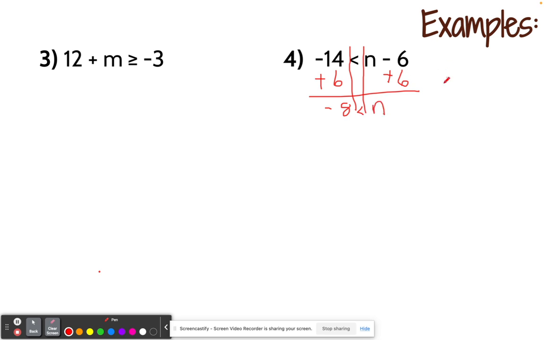But as you recall from our last lesson, we don't like our variables on the left, so we're going to swap it. Variable on the right, did I say left here? I meant right. Variables on the left and numbers on the right, but I also need to flip that sign around then. Or keep the open mouth towards the bigger number. The alligator's eating the bigger number.